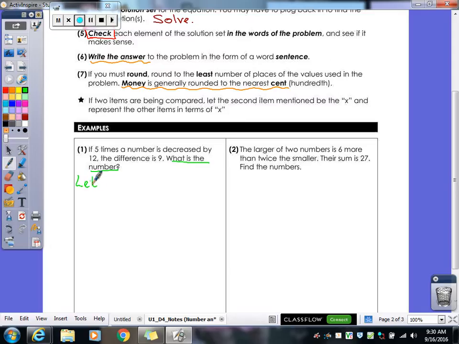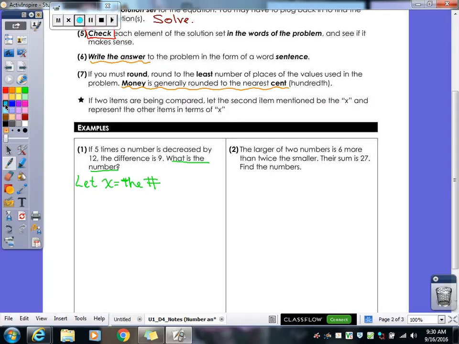No, we're trying to find the number. So we're going to say let x equal the number, because that's what we're looking for. So there's our let statement. We now know what we're looking for. We're looking for a number. So if I get a smiley face as my answer, it's probably not my actual answer.